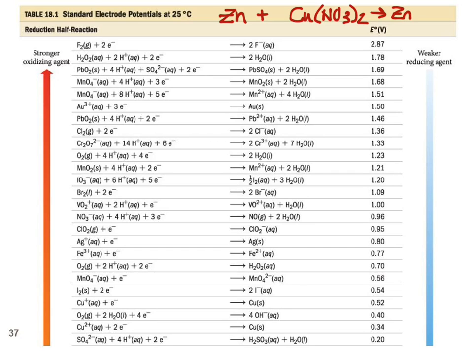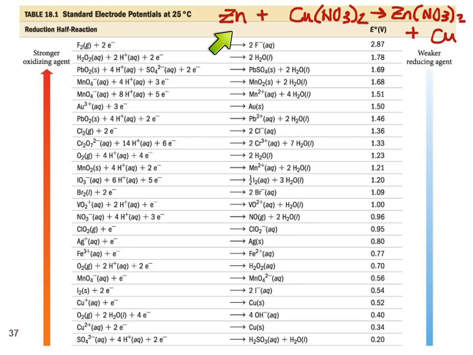And you're looking at this single replacement reaction. How do you predict if that will happen or not? You look at the activity series. The activity series really comes from these standard electrode potentials, though.